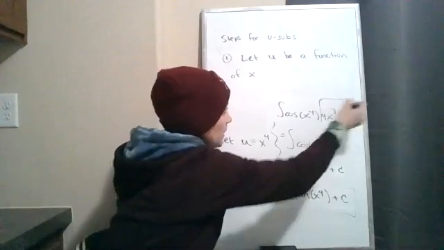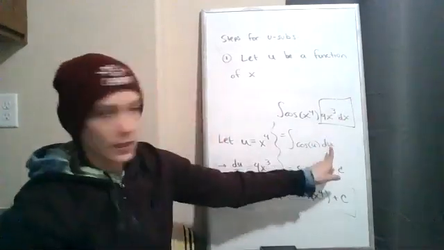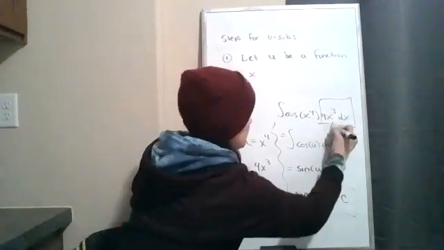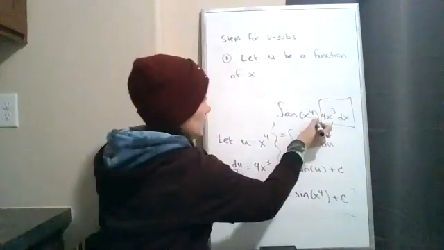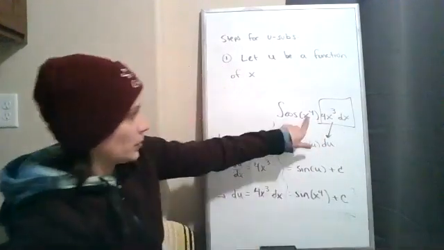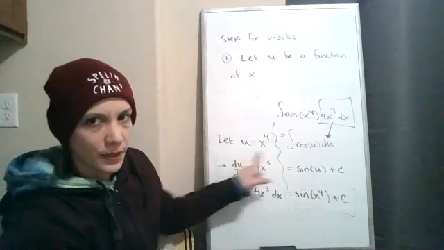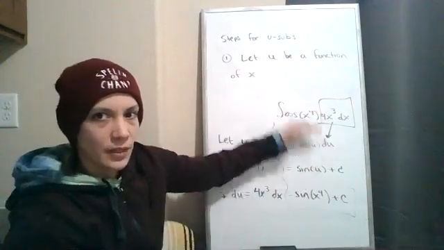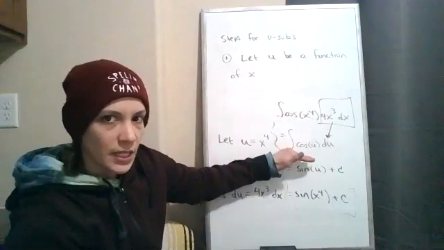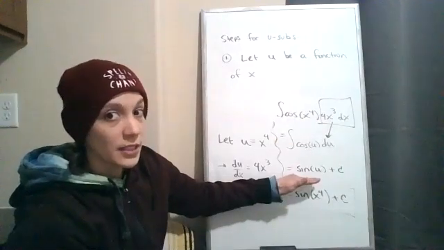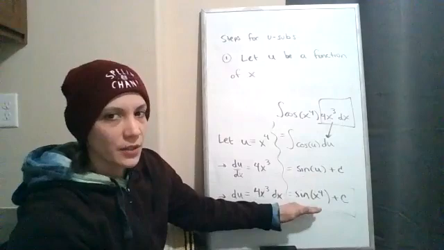Or all of this part here is du. And then we just replace x to the fourth with u, because that's what we chose. Okay, so we've converted from values of x to values of u, do that integral, which is much easier, and then go back to values of x.